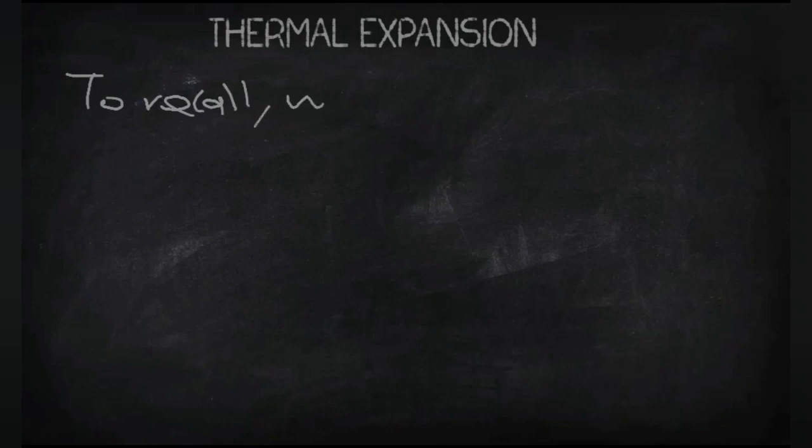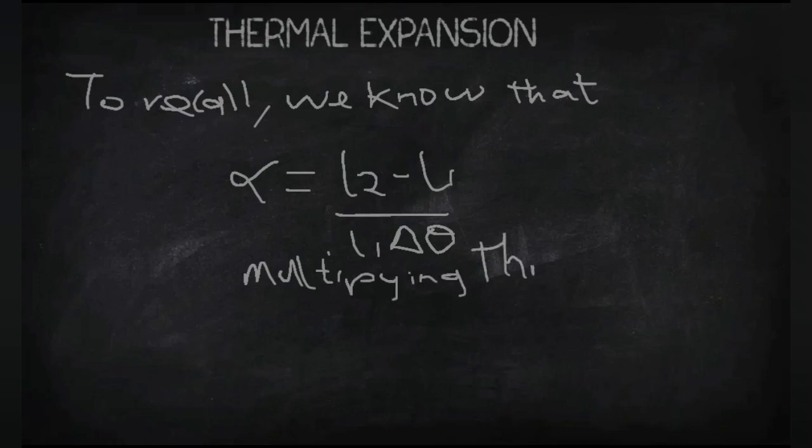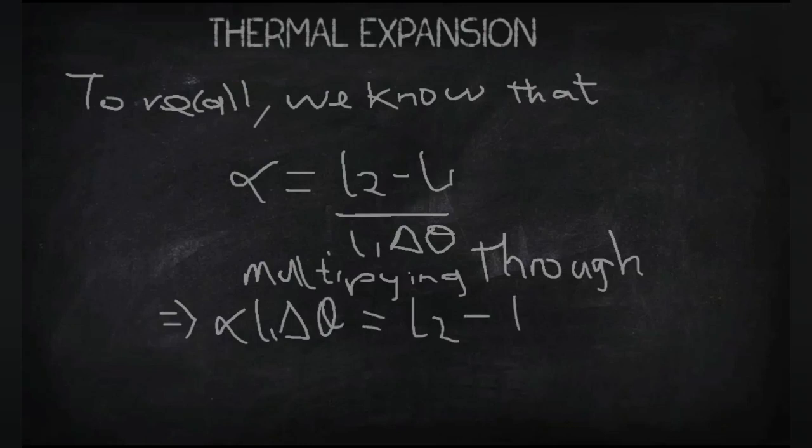So to recall, we know that alpha is equal to L2 minus L1 all over L1 delta theta. Multiplying through by the base, that's L1 delta theta, we get alpha L1 delta theta equals L2 minus L1.